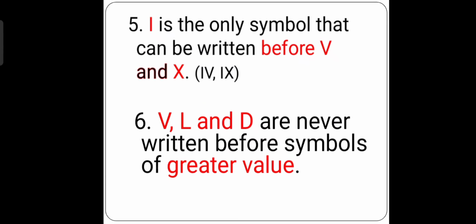For example, a greater value than V is X, 10. So, do not write V before it, only I. And then L. For example, L, its greater value is D. So, do not write L before D. Okay. That is, V, L, and D are never written before symbols of greater value.